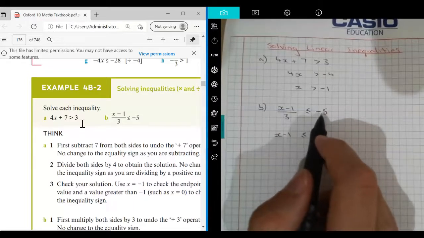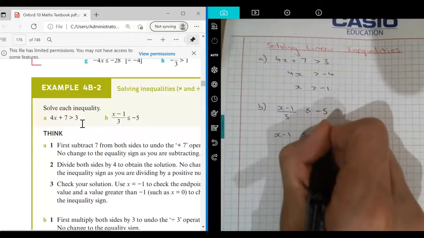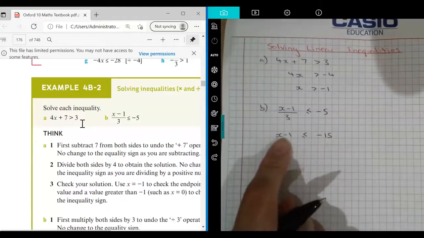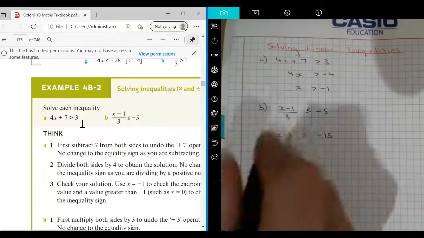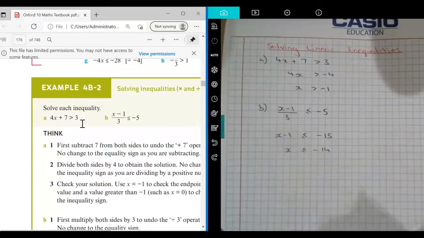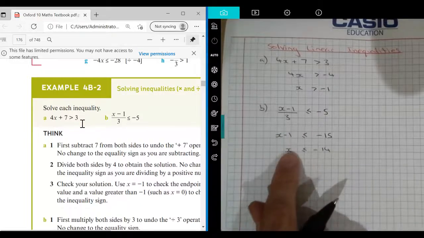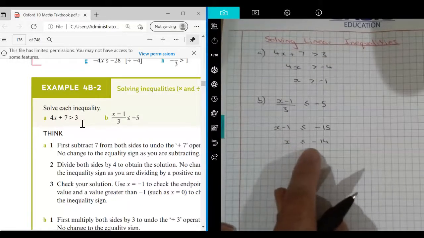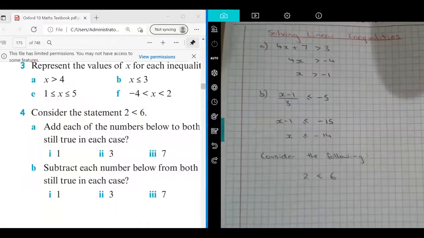If I multiply this by 3, we have minus 15. Then if I want to solve for x, I have to add 1 to both sides. So x will be less than or equal to minus 14. Again, x is taking more than one value. It's all values of x that are less than or equal to minus 14.